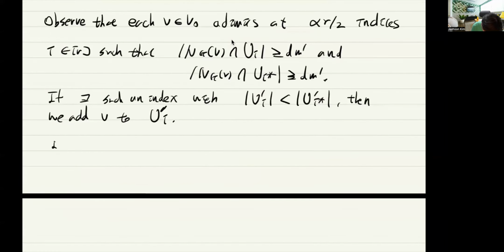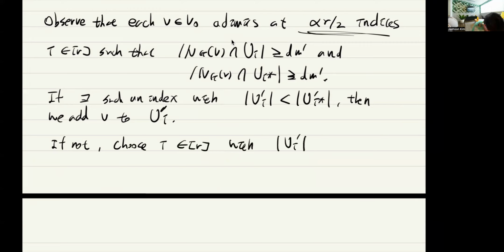If not, then there are these many choices and all of them have exactly the same size. Then we choose i whose size is smaller than this. This exists by the Pigeonhole principle.